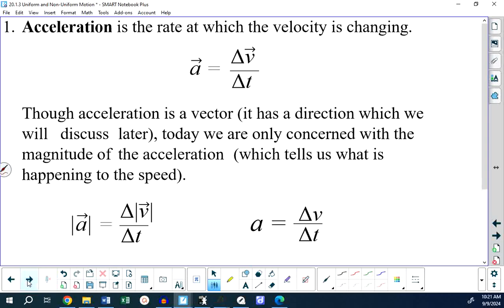It's going to be so important by the time you get to Physics 30 that if you are interested in just the magnitude of a vector, put the vector and put the magnitude signs there. Don't just drop them. Okay? So, can we write for magnitude of acceleration the formula on the right? Yeah, we can. Do I want to? No, I don't. I don't want to, and I don't want you to. So why am I even mentioning it? Because your textbook might. All right.